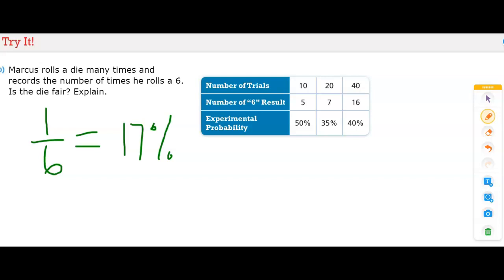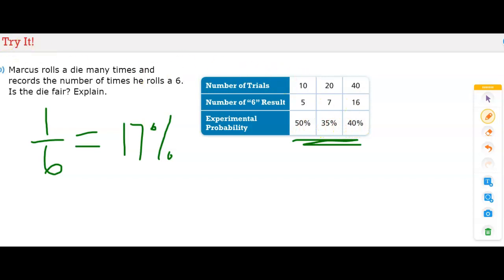But if you look at the experimental probability, as he continued to try this out and roll the die, the percentage kept decreasing, and it went down and then it went back up.